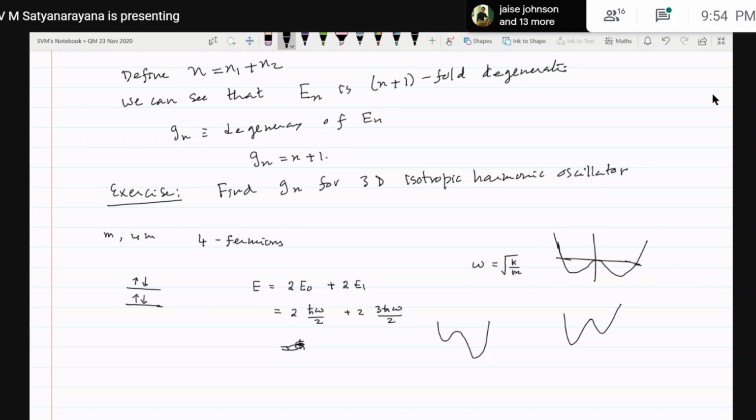Correct. So x decreases and p goes up, and then again p goes down and x also goes down, and then it reaches a minimum, and then x goes to negative, and p goes up. That's how, sir, I sketched it.